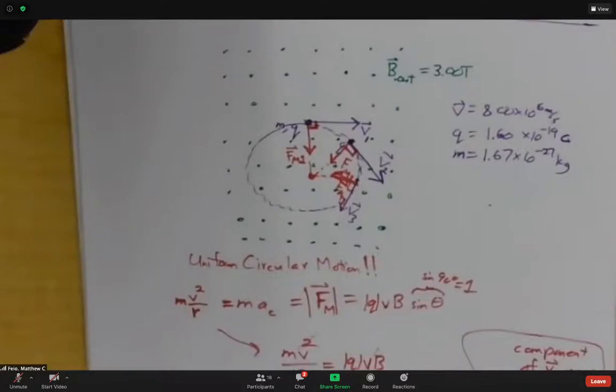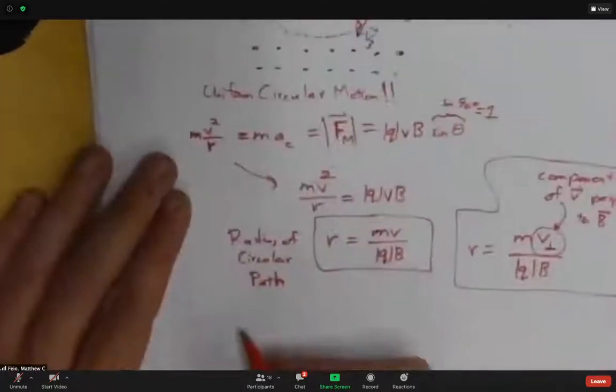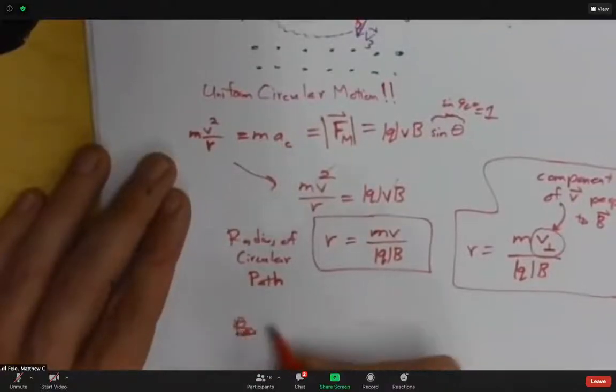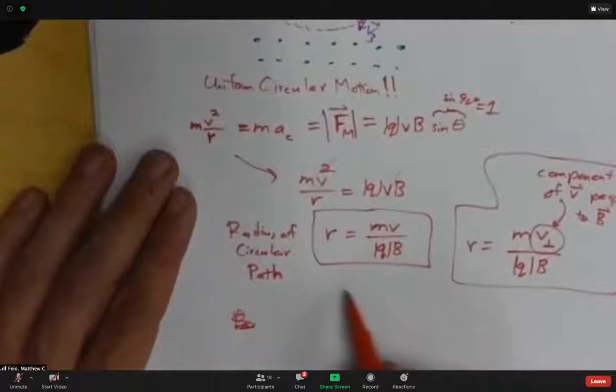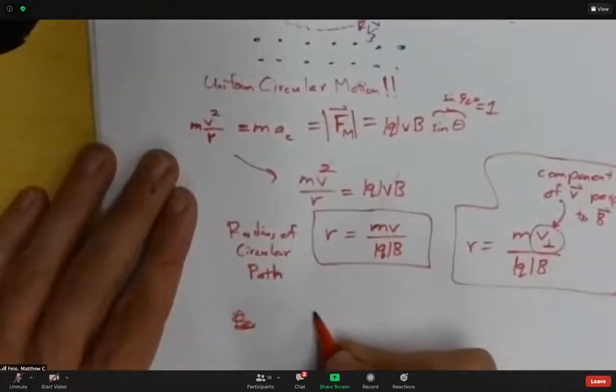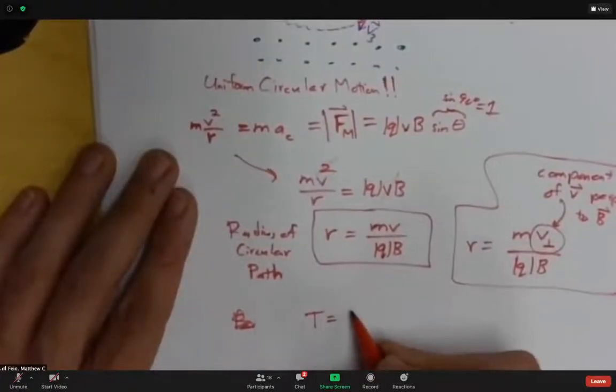So that should be pretty easy to work out, since you have a formula for the radius of the circle. What could we do to find the time? What about period? Sorry, period would be, and this is kind of interesting, how long will it take to go around there? Well, the period would be the distance over the speed.